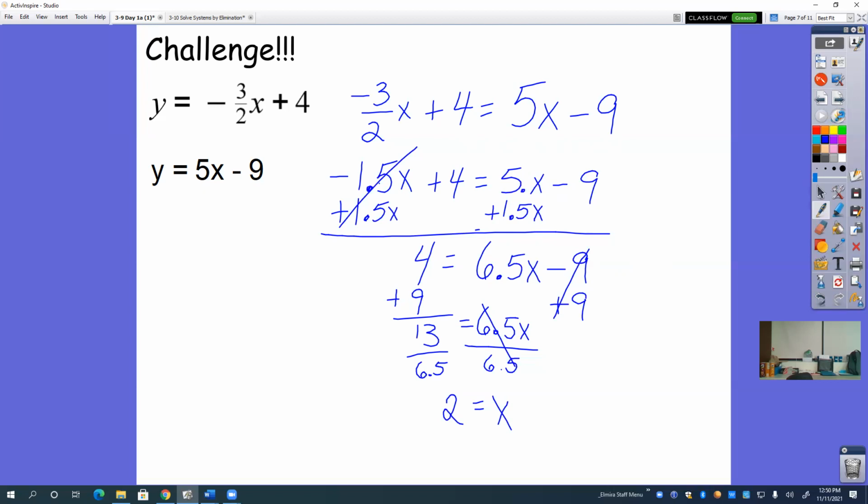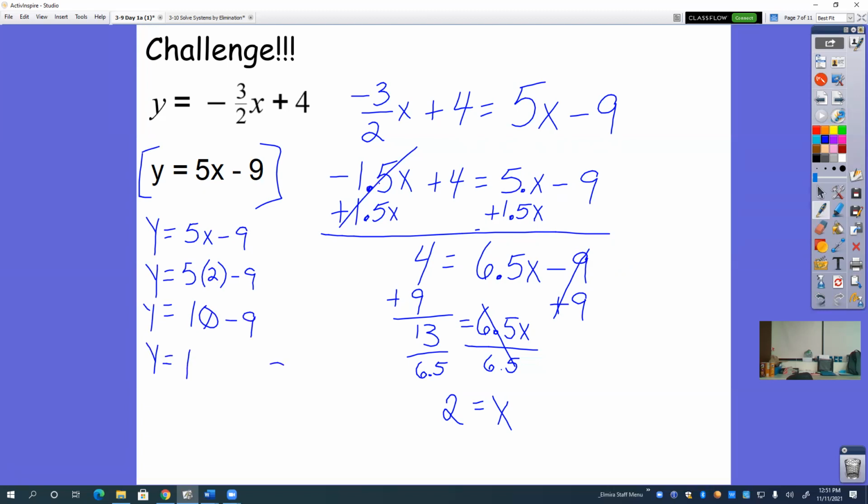So we found x to equal 2, and now we're going to use this equation to substitute it back in. So y equals 5x minus 9. Substitute 2 in for x. 5 times 2 is 10. 10 minus 9, y equals 1.